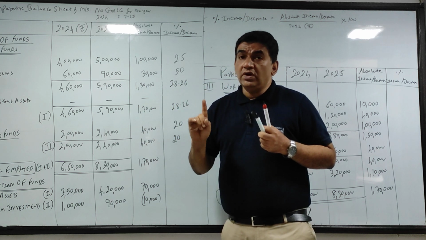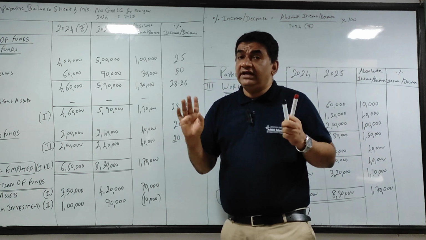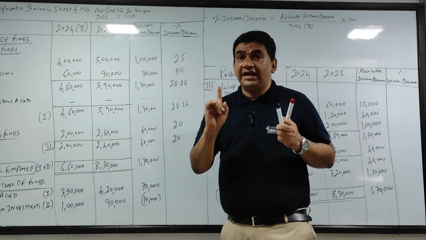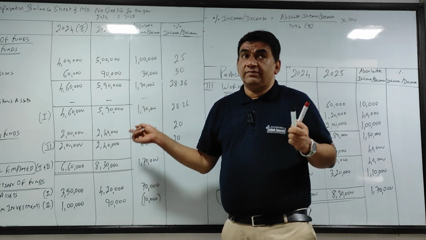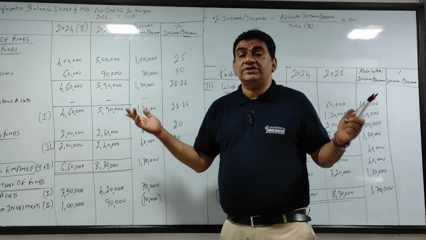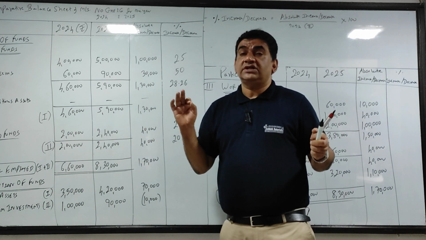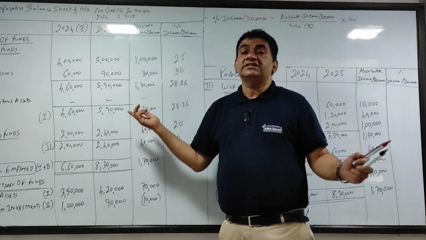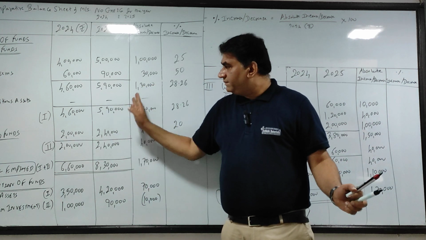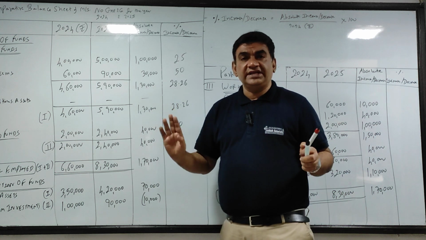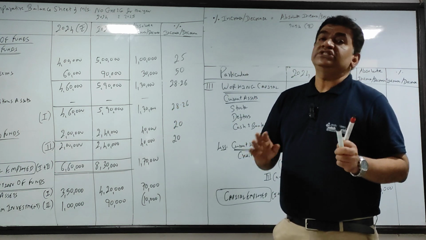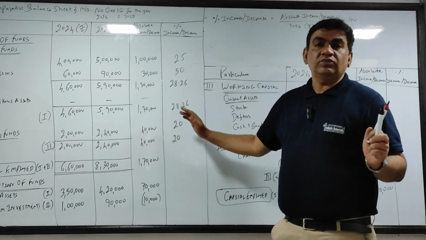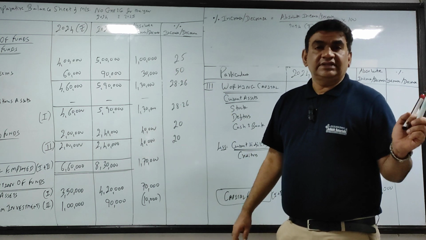So in case you are willing to take a chance on one chapter, then if you're not good at theory, you will have to do this, because one theory question from computer awareness is sure to come. So if you want to take a chance on computer awareness, you have to do this. If computer awareness comes against this chapter, what will you do? It is very simple, just a little calculation. And don't worry, in your board exams, because you are SYJC students, you are not allowed to use calculators. The calculation will come simply, maybe in one or two places you have calculation with points, otherwise it will be the same.